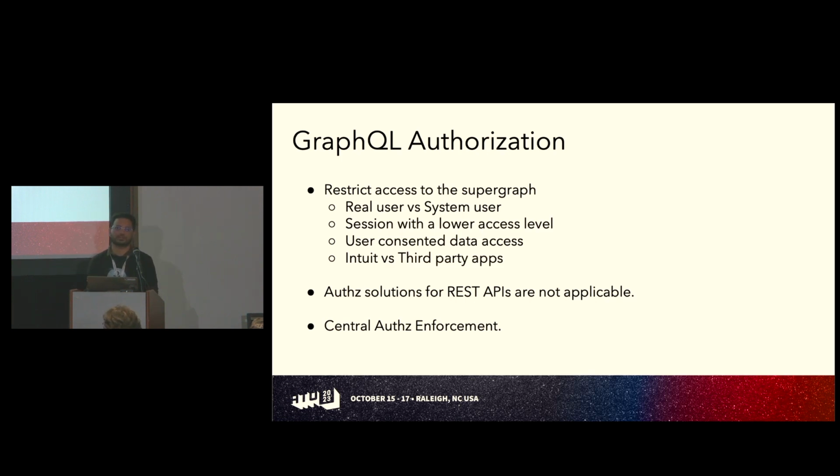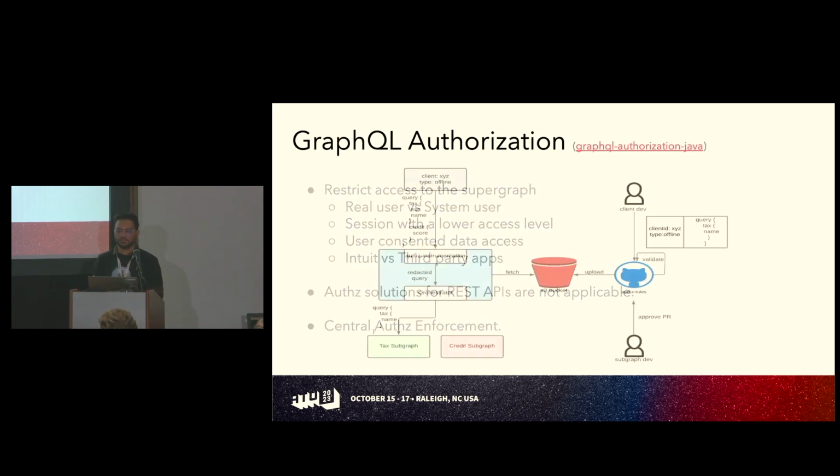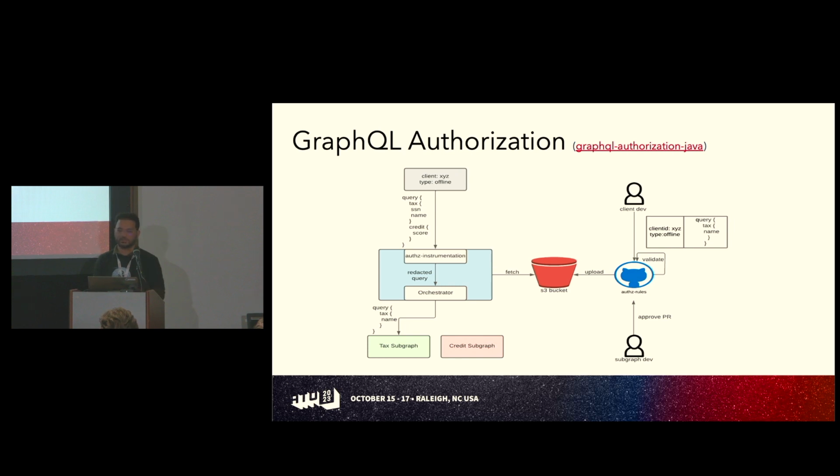So REST authorization mechanism is quite mature. But those are not applicable for GraphQL because of the single endpoint model. Everything is schema; the resources are represented by a schema. So at the orchestrator, we have a central ODZ enforcement, but that does not mean that you can only use it at the orchestrator. You can use it at the individual subgraph level also.